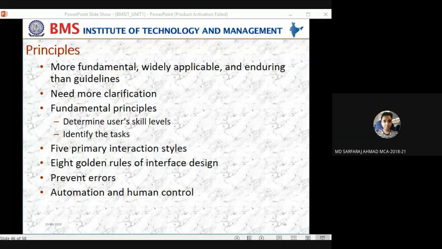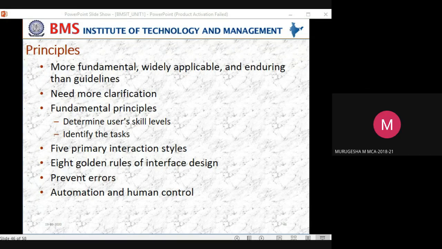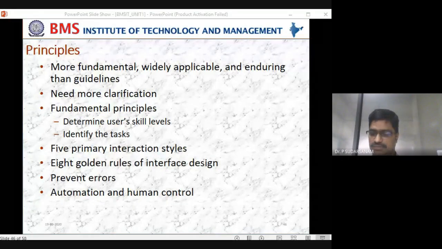58. Present, sir. 59. Present, sir. Murugesh. 60. Present, sir. Okay. 61. Paresh. Present, sir. 62.